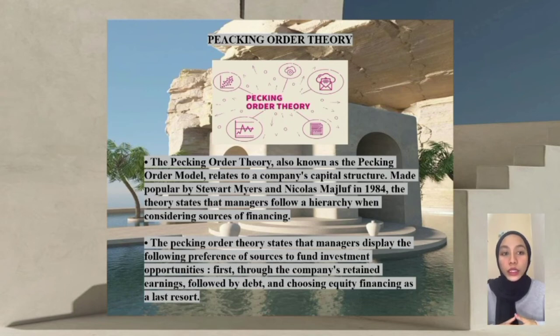The pecking order theory also states that managers display the following preference of sources to fund investment opportunities. First, through the company's retained earnings, followed by debt, and choosing equity financing as a last resort.